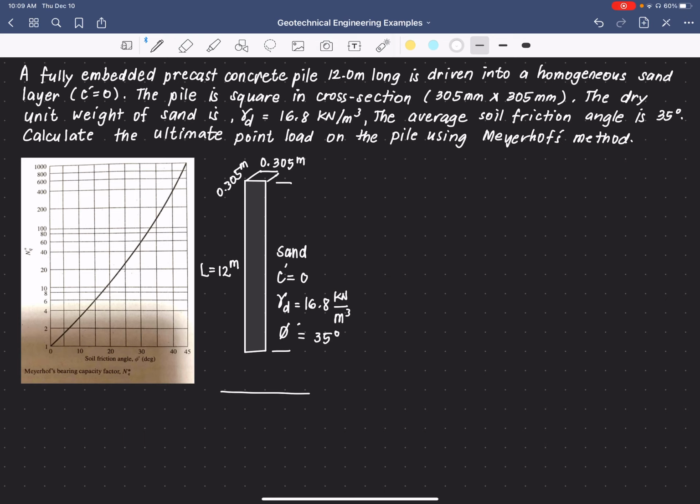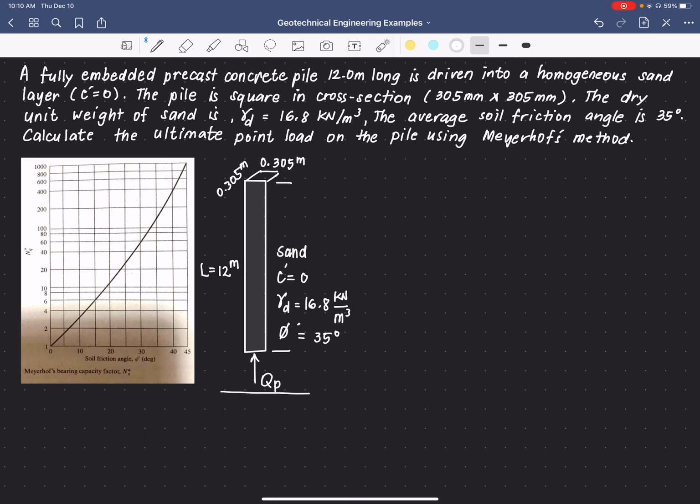So with these parameters, we are asked to solve for the ultimate load here, Q sub P, the point load, or the end bearing, or we can call it also tip capacity, using the Meyerhof method.